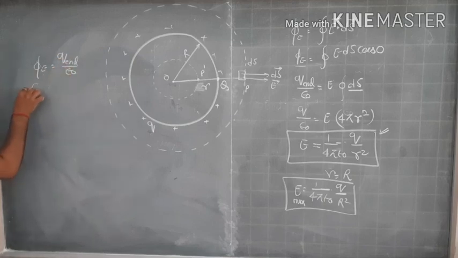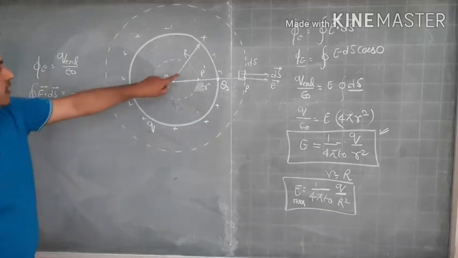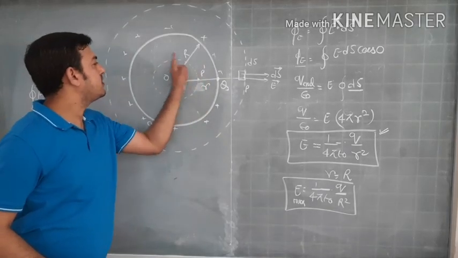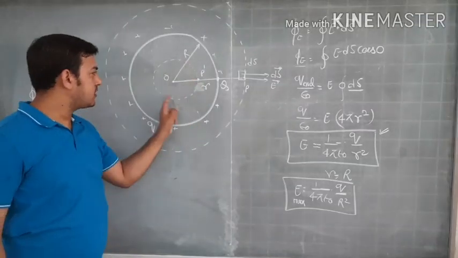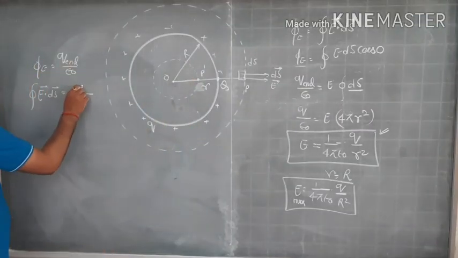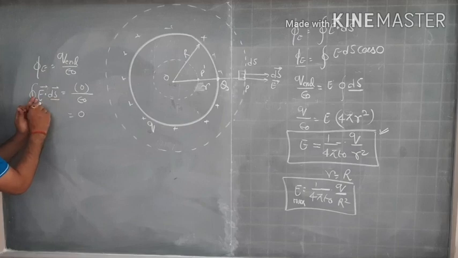Left side we can write as closed integral E dot ds, and that is equal to, now just see that inside this Gaussian surface there is no charge. And since there is no charge inside this Gaussian surface, we put the value of enclosed charge as 0 and the right side will be 0. Now in the left-hand side, it is the product of electric field and the surface area.